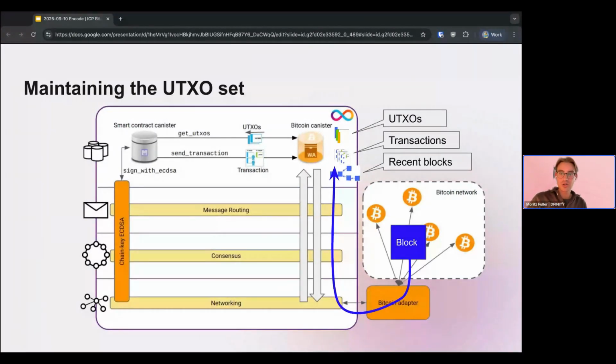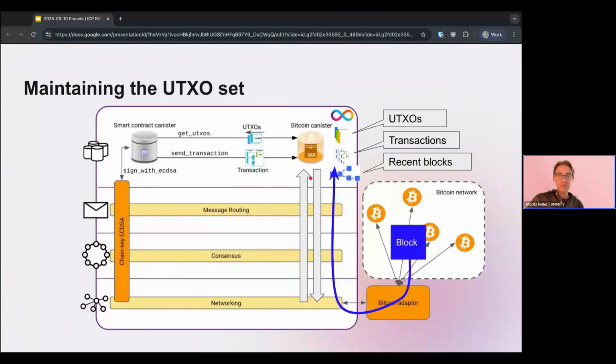Once the Bitcoin canister receives this block, it extracts the UTXOs from the transactions contained in the blocks and updates the UTXOs that it maintains in replicated state accordingly. This is the mechanism that allows for maintaining the full Bitcoin UTXO set on chain on the internet computer.